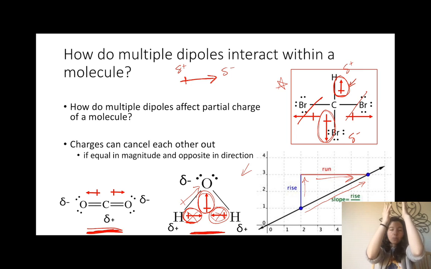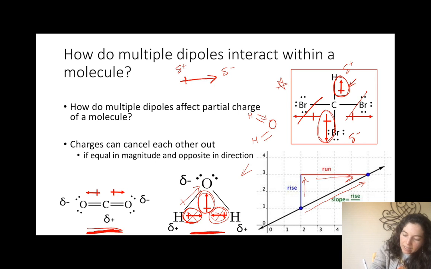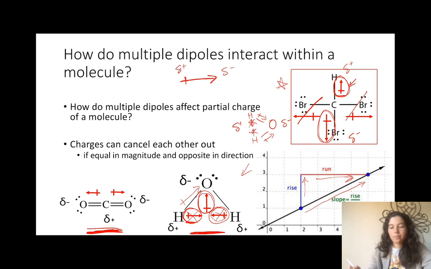So we're seeing this upward pull. So in general with water, even though your bond dipoles are kind of diagonally like this, we see this side is partial negative and this side is partial positive because this pulling here with the hydrogens, they kind of cancel each other out. Okay.